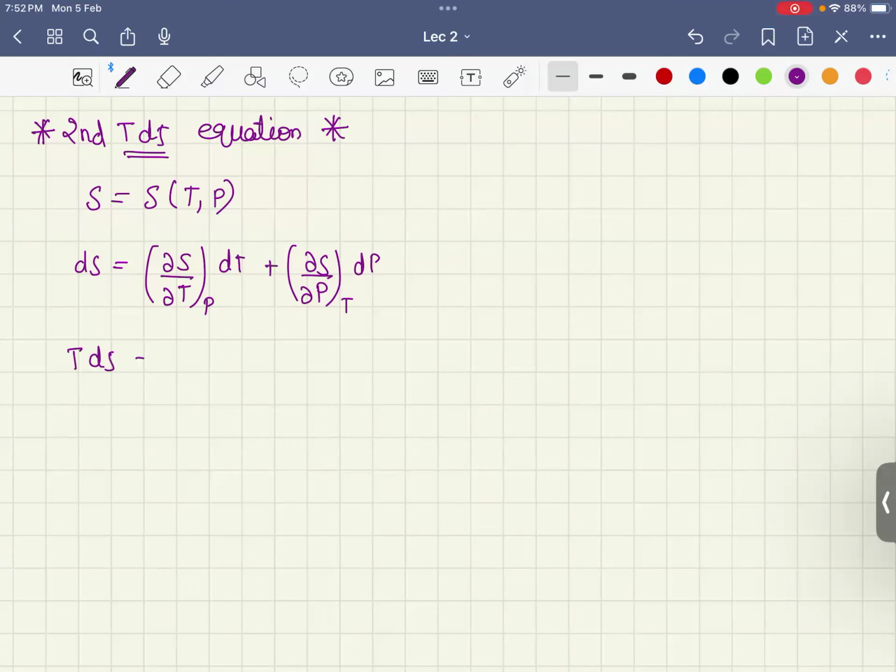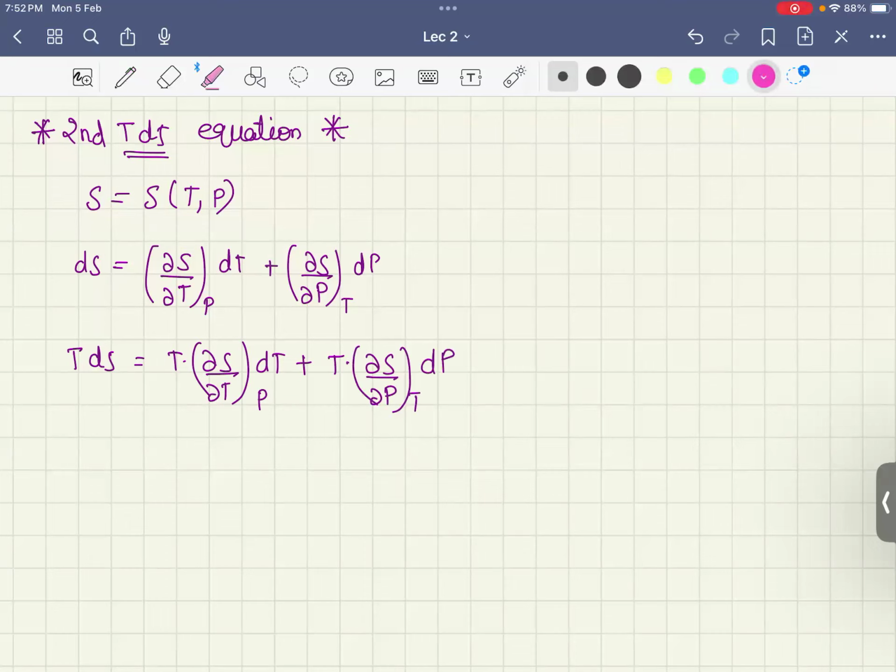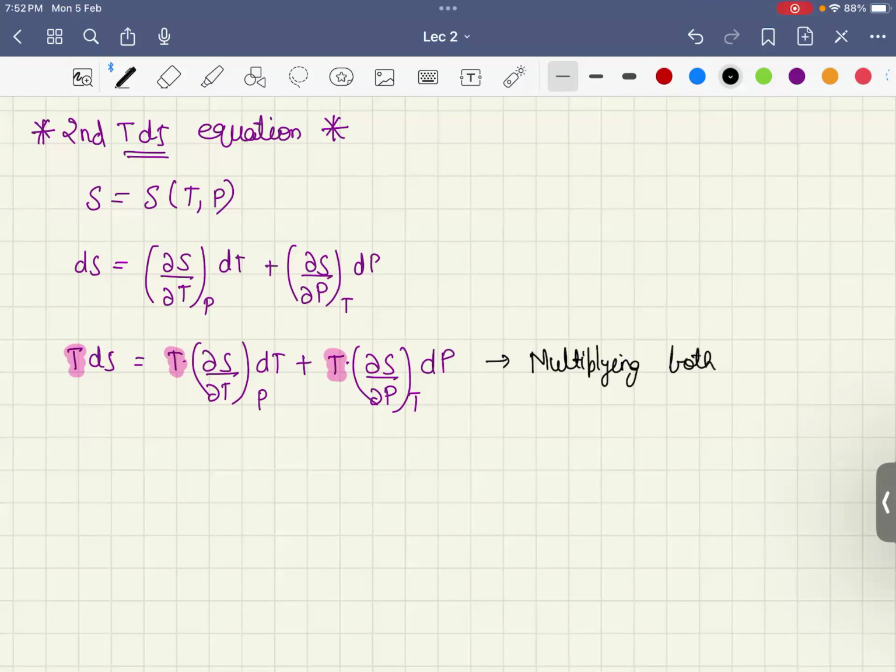So TdS is equal to T dou S dou T at constant P dT plus T into dou S dou P at constant T dP. At this time, let us highlight this, multiplying both the sides by temperature.